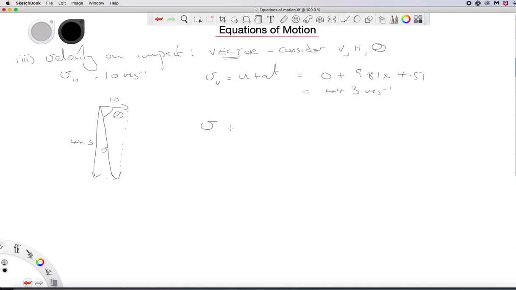So V then is the square root by Pythagoras of 10 squared plus 44.3 squared. And the angle, of course, is the inverse tan of 44.3 over 10. So if you do the little bit of arithmetic there, you'll get 45.4 here, so there's 45 to 2 sig figs. And you'll get 77 degrees to 2 sig figs there.